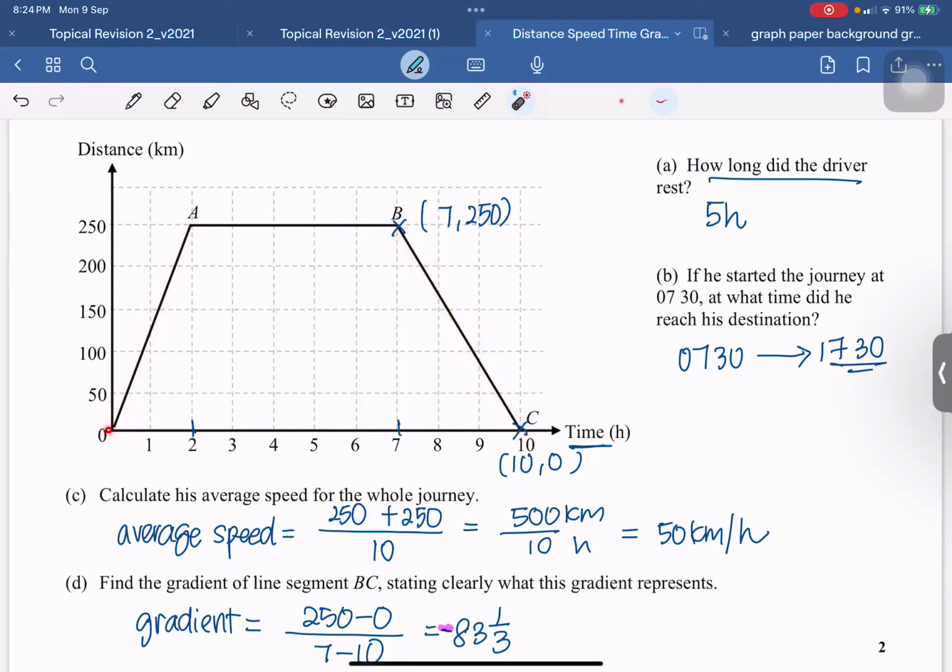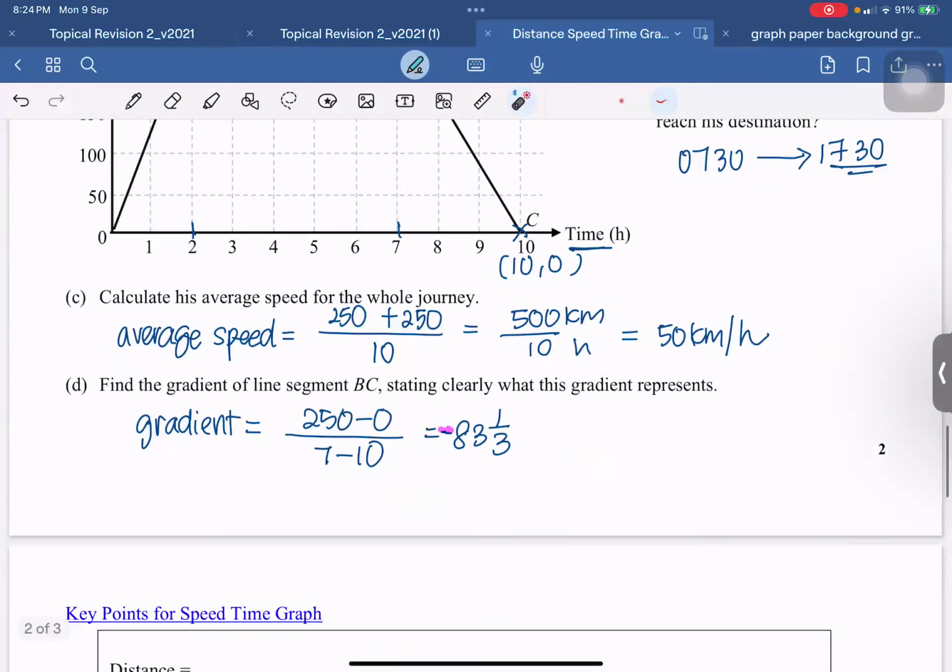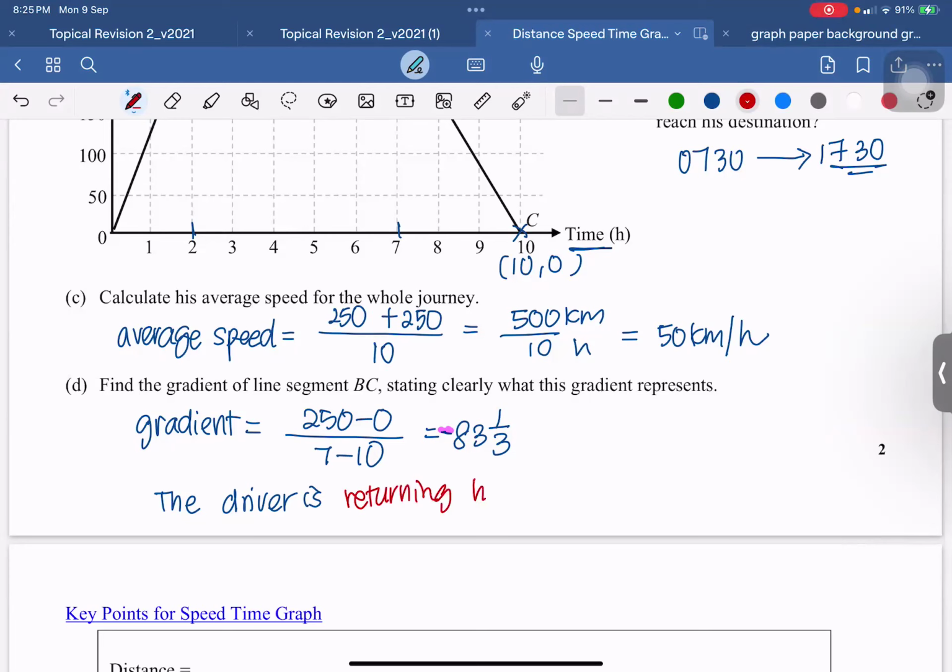When it's going upwards, he is traveling out, right? Then when he travels this way, down, is he going out, or is he coming home? Coming home, right? So it's going in the opposite direction. So this negative sign tells me he is returning home. The speed still stays a positive number, but the driver is returning home.